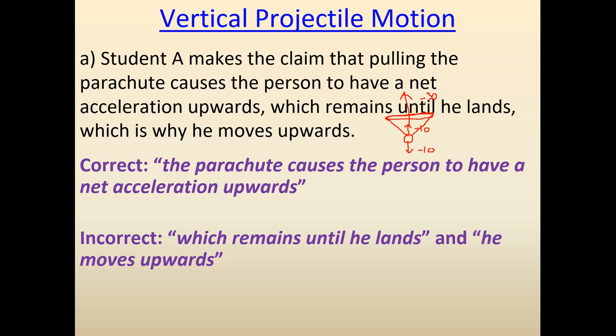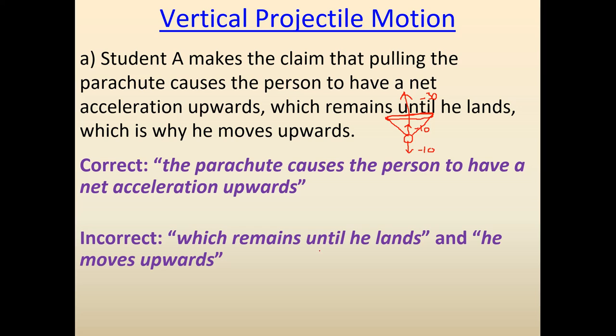The faster you're going, the bigger the air friction, which is why the parachute ends up having this big effect because you're technically moving faster than the terminal velocity of the parachute. So eventually you'll slow down enough so that you move at your new terminal velocity, which will result in a zero acceleration. So that first statement's incorrect, and then the other statement is he moves upwards.